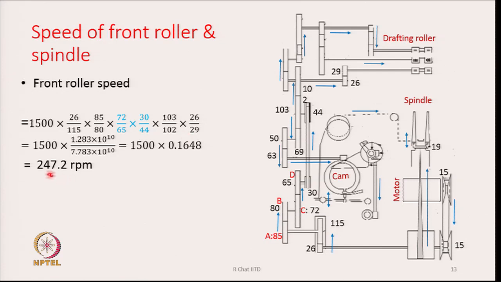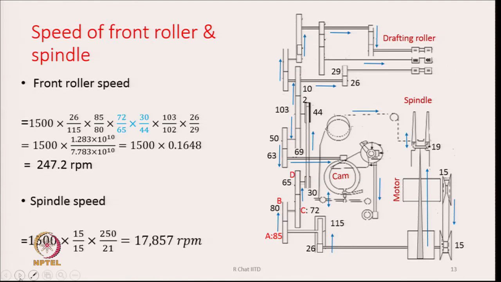Then we will get a figure of 247.2 rpm for the speed of the front roller, around 247 revolutions per minute, and the spindle speed in this case will be 1500, which is the speed of the motor, then 15 by 15, 250 by 21, where we have chosen 21 as the diameter of the valve.